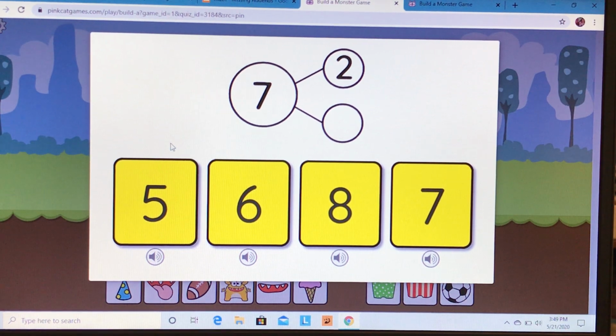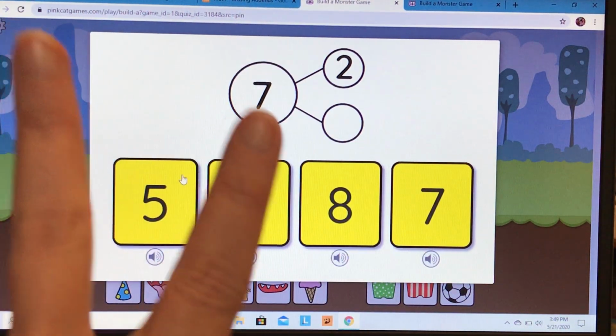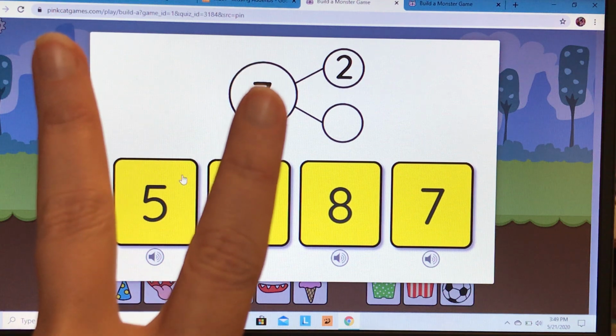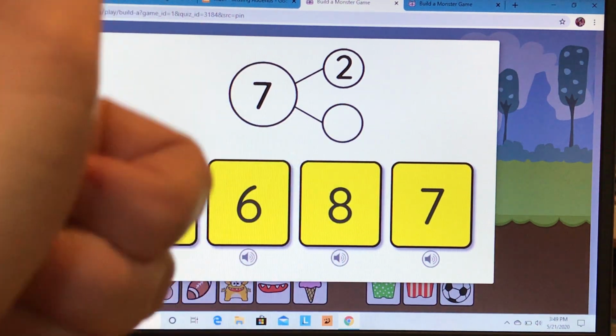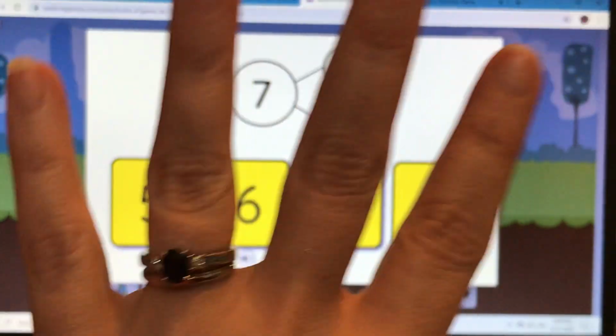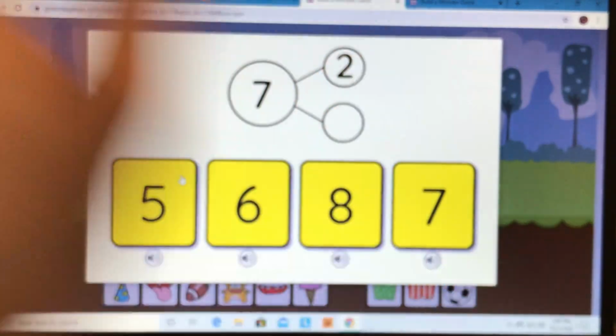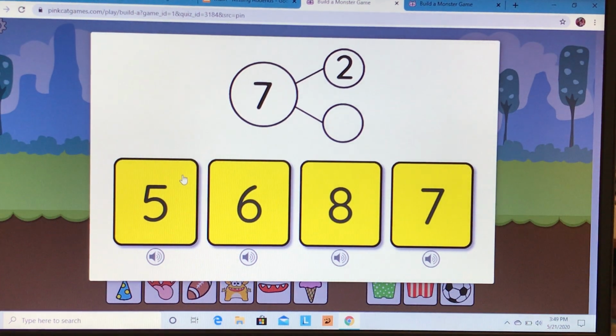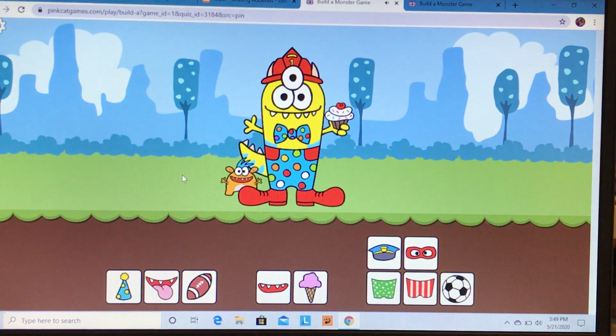Let's start with our first number. We had 2, and we want to get to 7. So let's add 5. There's 2, 3, 4, 5, 6, 7. We added 5 to it, and it gave us the number of 7. And there is his friend.